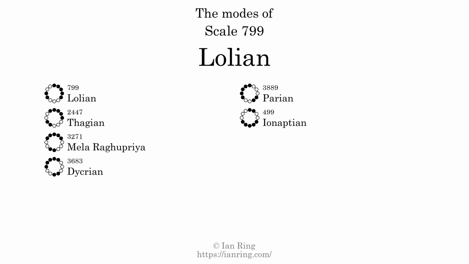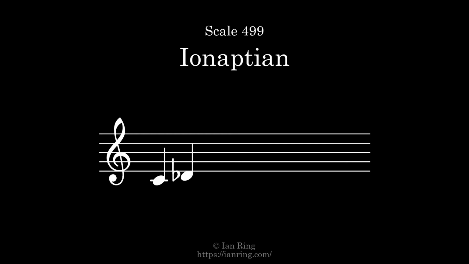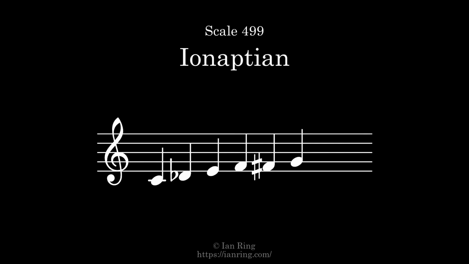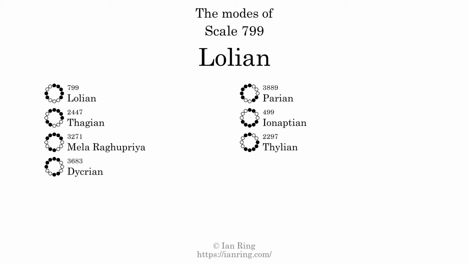The sixth mode is scale 499, also known as Ionaption. It sounds like this. The seventh and last mode is scale 2297, also known as Thalian. It sounds like this.